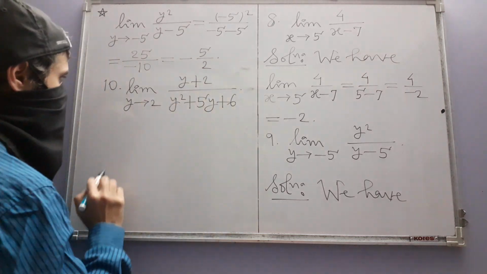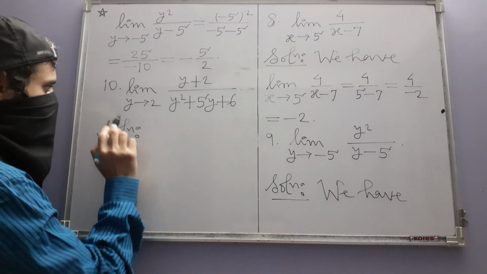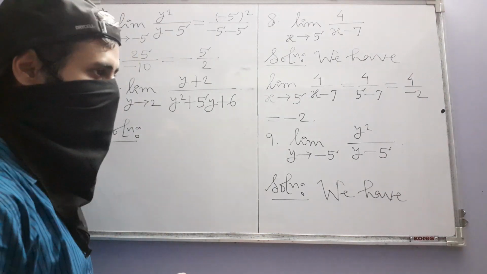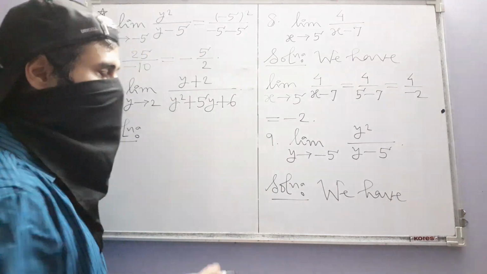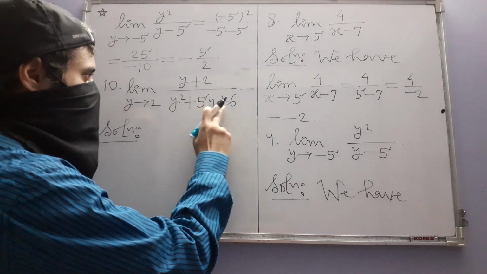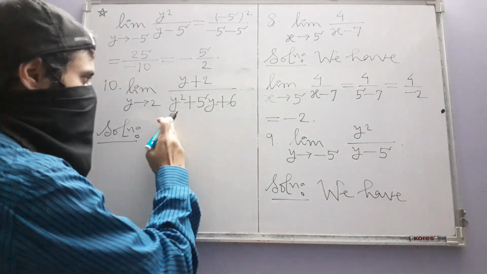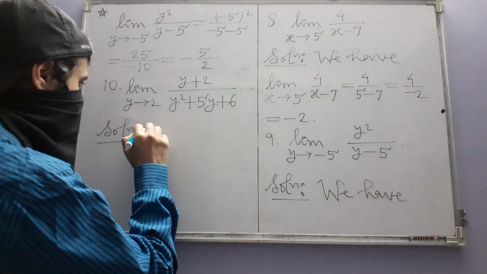Okay, here also a rational function, and if we put y equal to 2, the denominator does not become 0. That you can just simply say even without calculating the actual value. That's because you are putting a positive value and this cannot possibly be 0. All the terms are going to be positive. So that's why the denominator is non-zero.